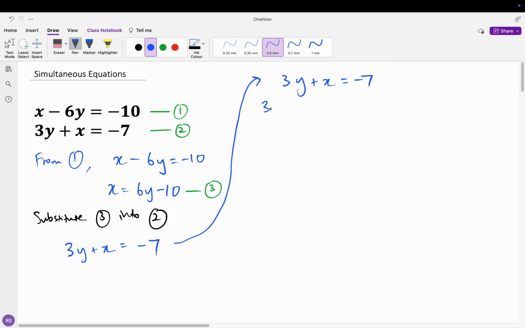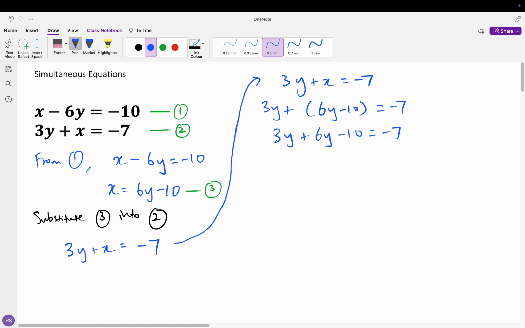So 3y plus x, and x is 6y minus 10, is equals to minus 7. So if I open up the bracket, let me do that first. I'm just doing everything step by step so you can see it.